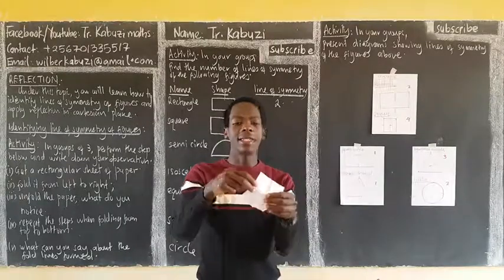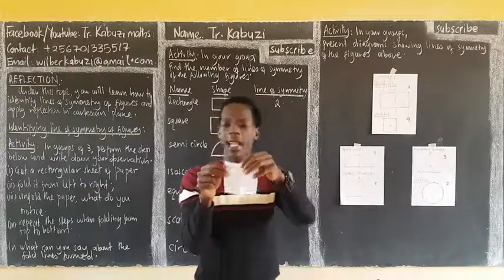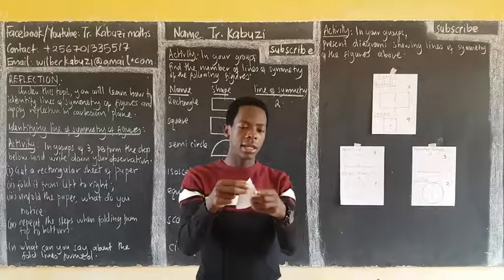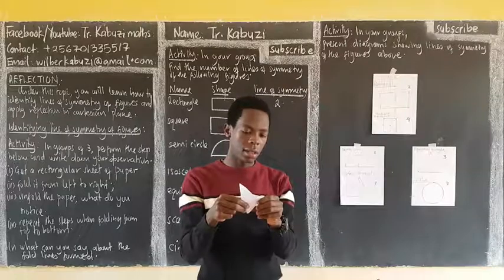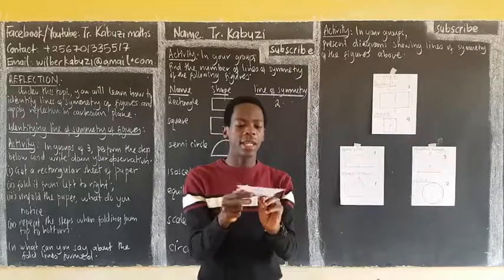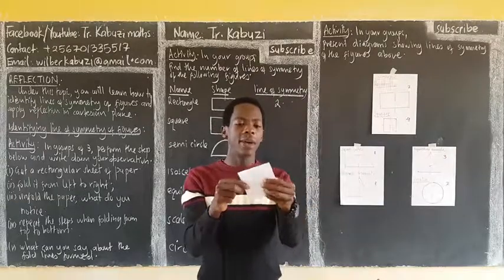Okay. Now let us fold it like this. This edge to this edge down, or that corner to that corner down. Let us try and see. Yeah, you see? Mine is giving me another one. Hope you can see it.